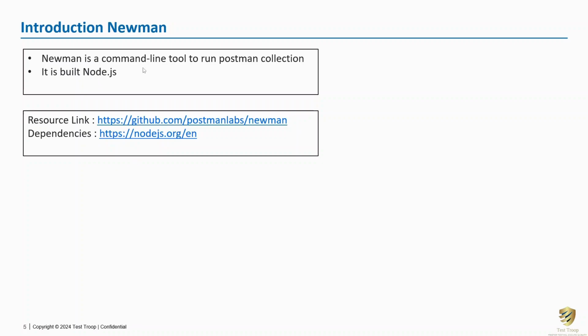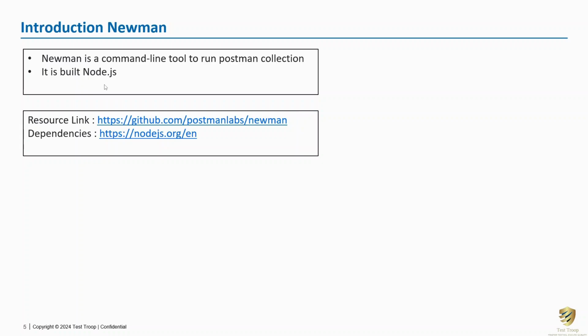Newman is a command line tool to run Postman collections. So in order to run the Postman collections automatically, we are using Newman as a tool, which is a command line tool built on Node.js.